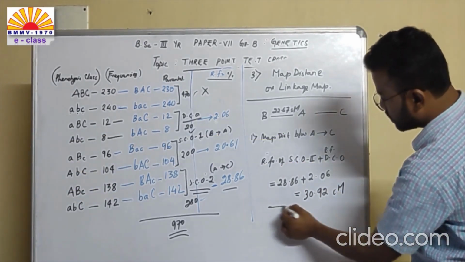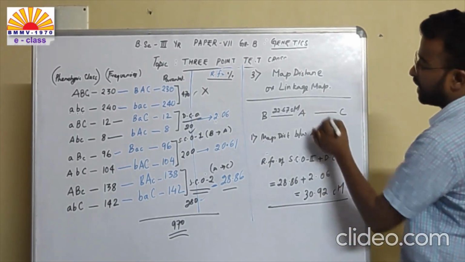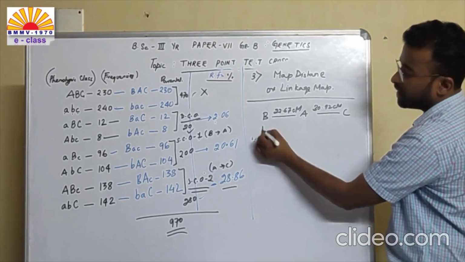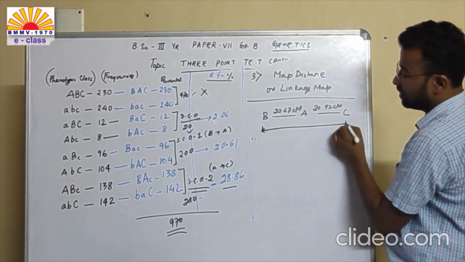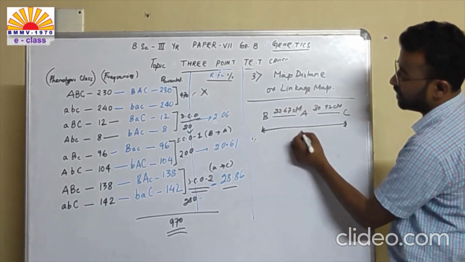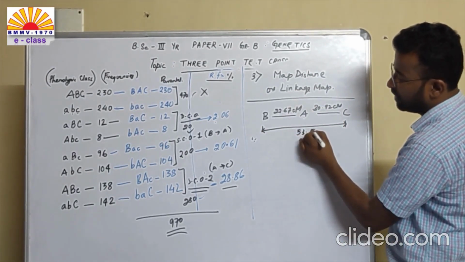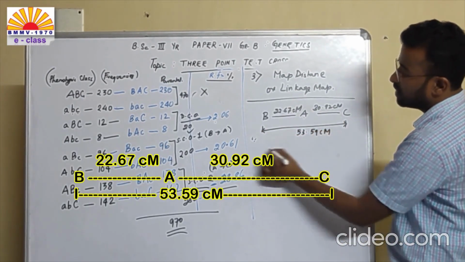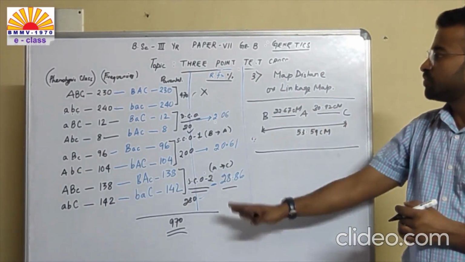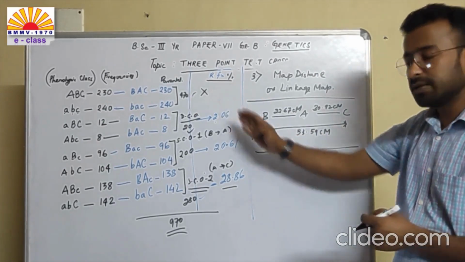Here we write 30.92 centimorgan, and we can do it total also, which will come around 53.59 centimorgan.